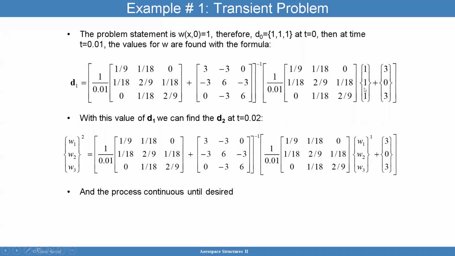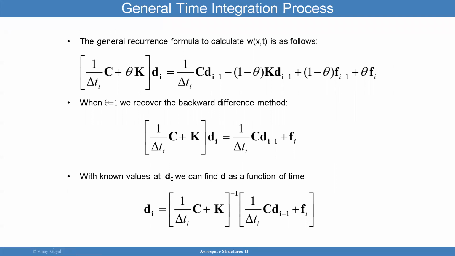You can see how quickly these are all numbers that basically end up being very simple. And so as a function of time, you can now get the evolution of W as a function of time. There's more advanced ways to use the recurrence formula, but in general, the backward difference method works really well.